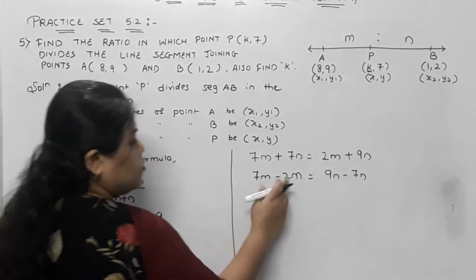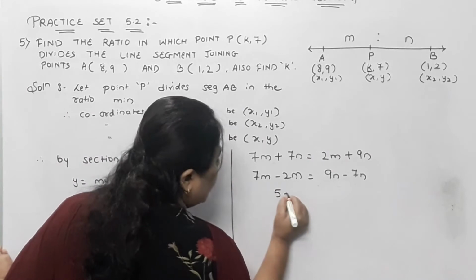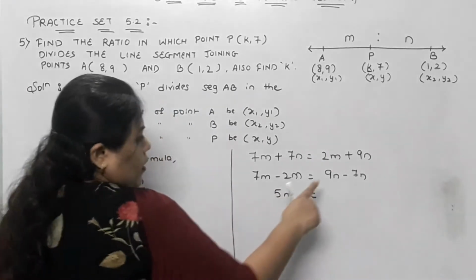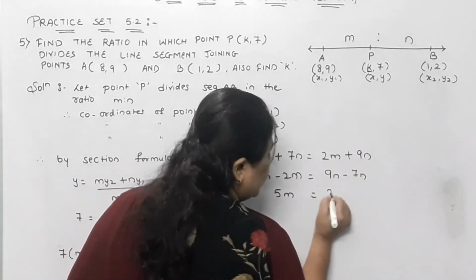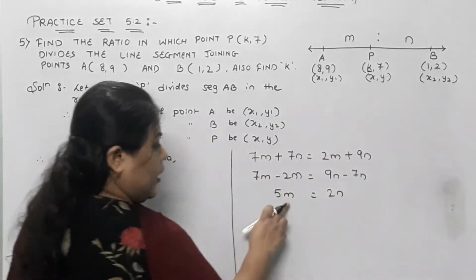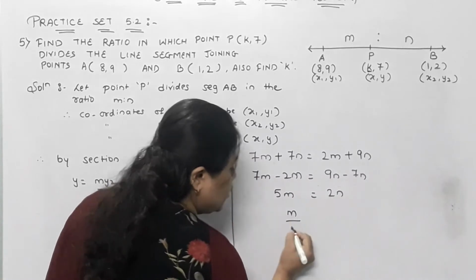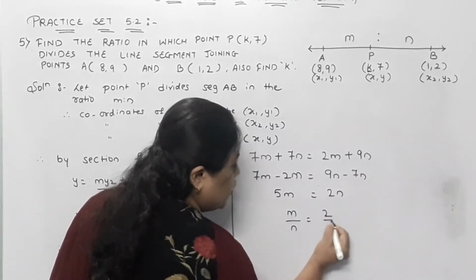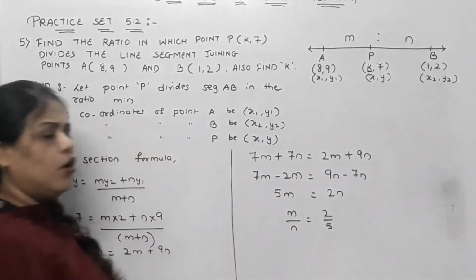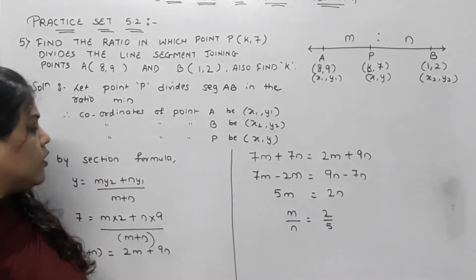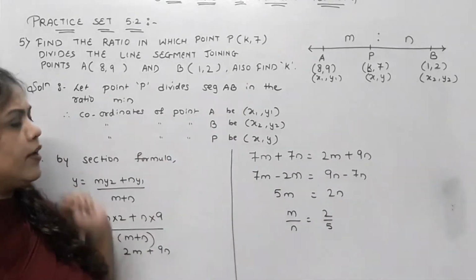Now 7 minus 2 is 5m. Here 9 minus 7 is 2n. Keep the m over here, and n will be in the denominator. So the ratio will be 2 upon 5. Note down the answer, and then we'll move for k.